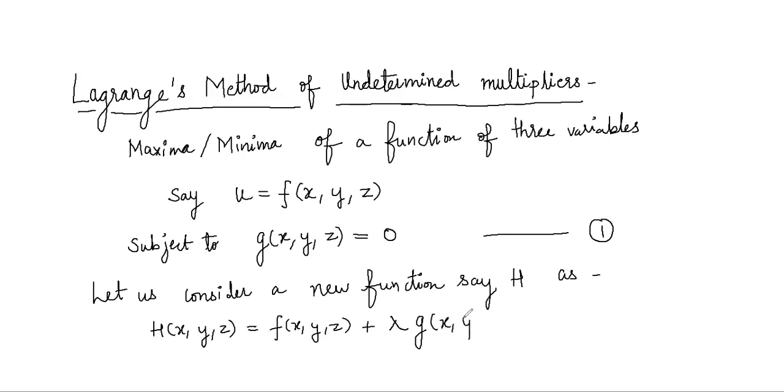So we have defined a new function, we have named it as h, and here this lambda is Lagrange's multiplier.